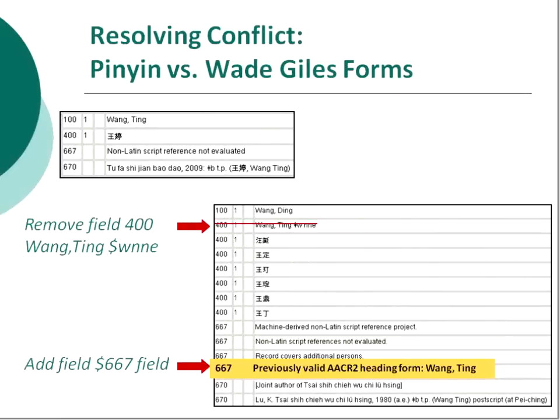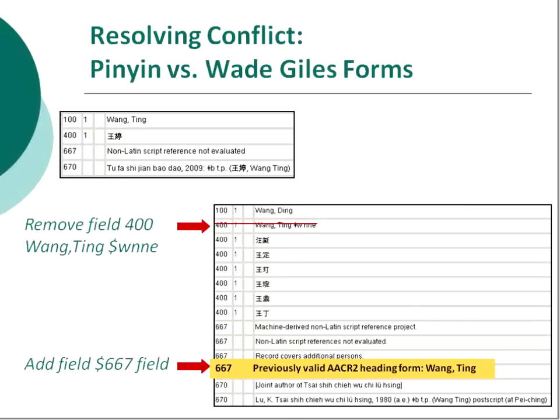Resolving conflict, Pinyin versus Giles forms. So we all know the Giles form is the former Romanization scheme. In this case, I have to say this is probably an unusual situation. It doesn't happen often, but it's good to know how to handle the situation if you run into it. So what happens here is that the cataloger's 100 heading form is the same as the 400 WNNE form, which is the former Romanization form.